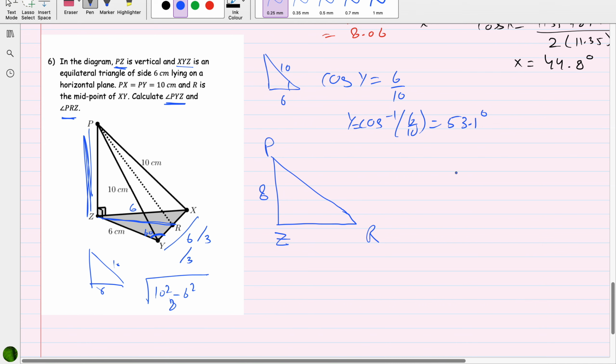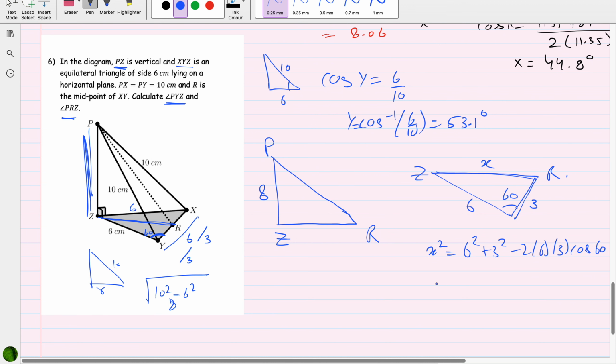and we know that this is 60. If it is 60 degrees, this is 6, this is 3. So you can actually find the length of ZR using cos rule. So let me call it x. So x square is equal to 6 square plus 3 square minus 2 into 6 into 3 into cos of 60.